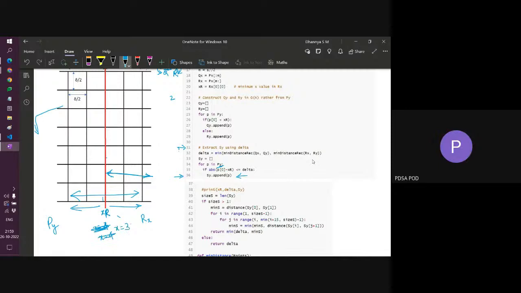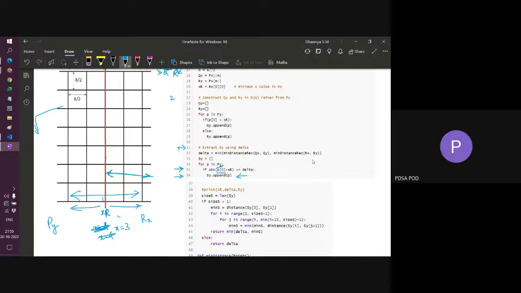Okay. So now what is the confusion? Here in this 35th line, we are taking the x coordinate of every point in Py, correct?